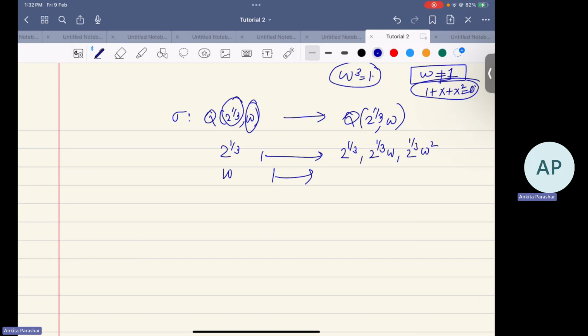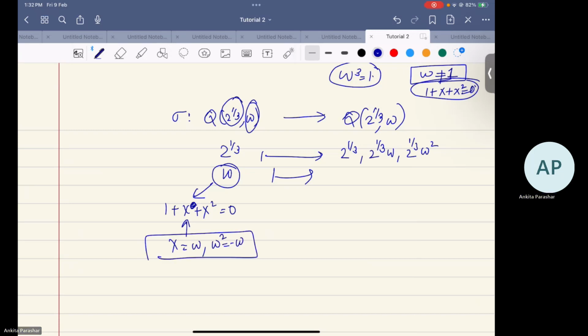I think we have seen this several times. But for omega, the irreducible polynomial, this, has roots only omega and omega square. We have a property like this: the square you can say is minus 1 plus 1.